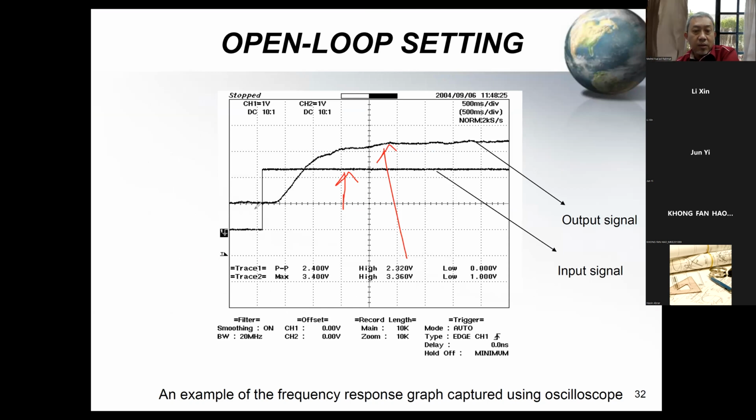You can see that we have a DC offset over here; it is supposed to be pulled down. And you can see that there is a time delay. It takes time from 0 to reach the transient conditions, so there is a time delay for the hot air blower system. This is for the open loop setting.